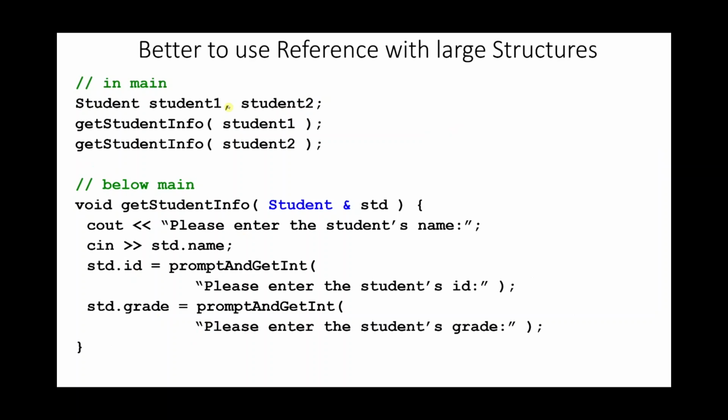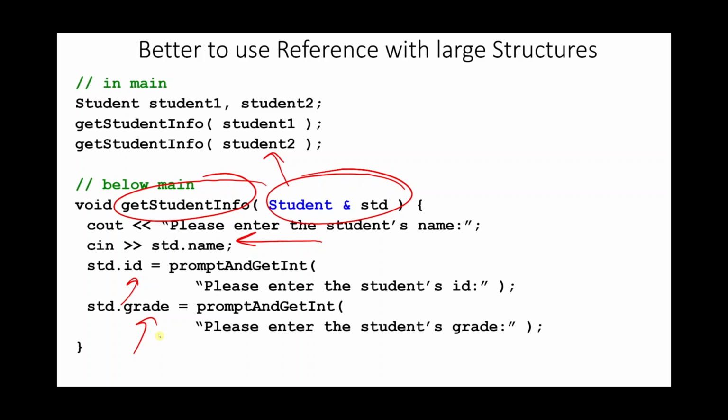So it could be made better if get student info is now passing by reference, and we reference this one, and we immediately fill in the information into the name, the ID, and the grade. So that is going to be better than just passing by value.